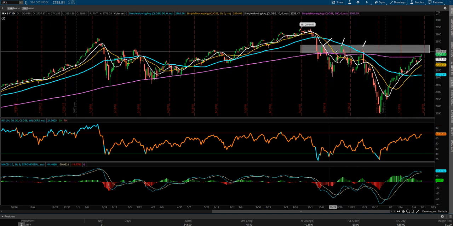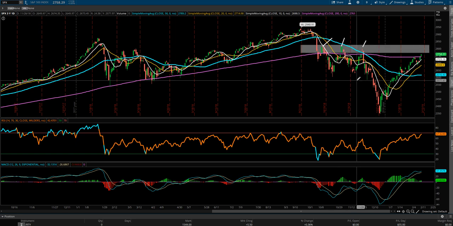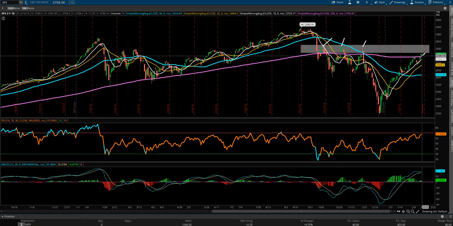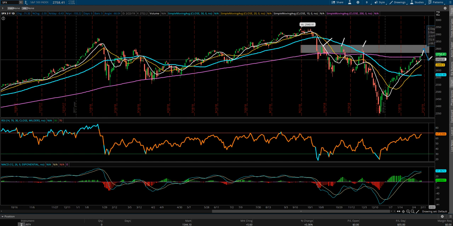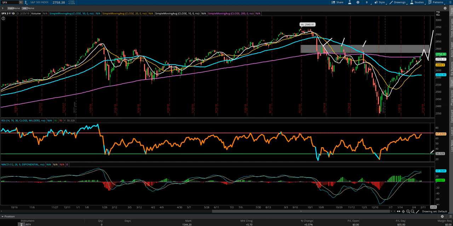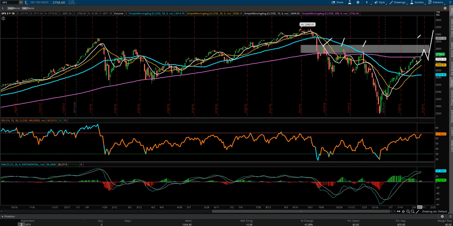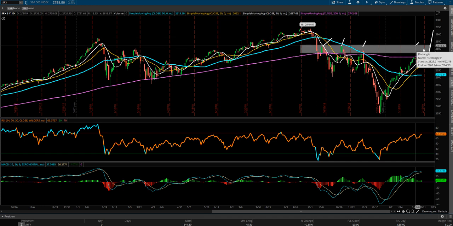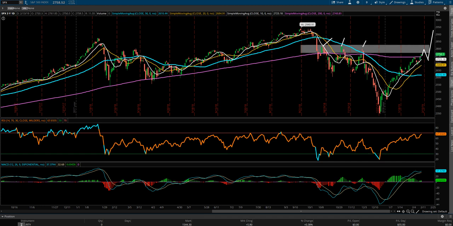Usually, when you run up into a zone of resistance, even if you're ultimately going to break through it, usually you are going to fail once, make a pullback, regroup, and then if you're going to make the break, it happens on the second push or sometimes the third push. Very rarely, especially after such a move straight up, are you just going to break directly through that. Can it happen? Absolutely. Is that the highest probability occurrence from right here? Probably not.